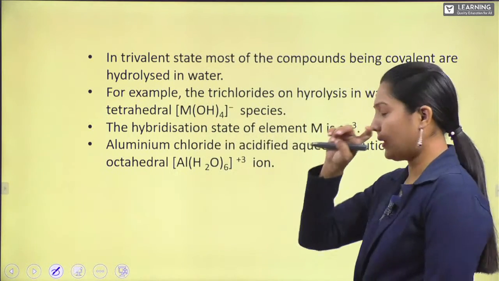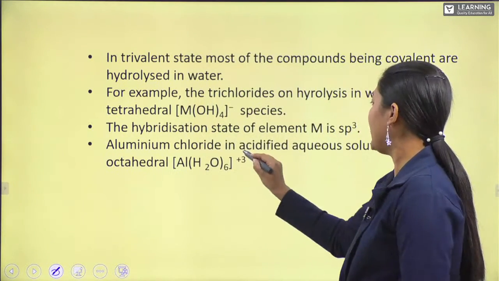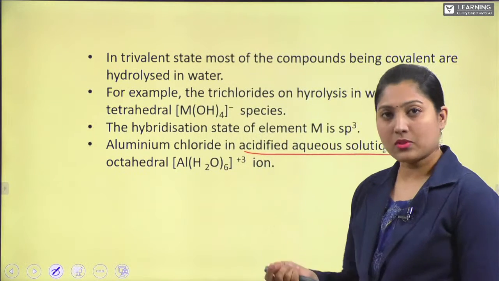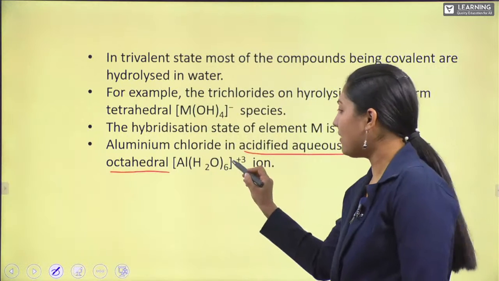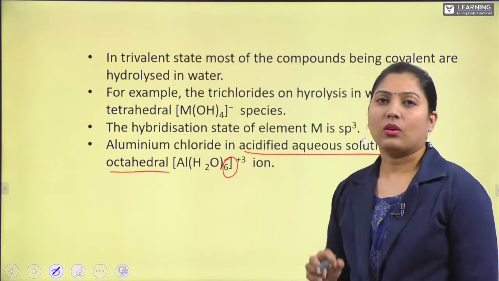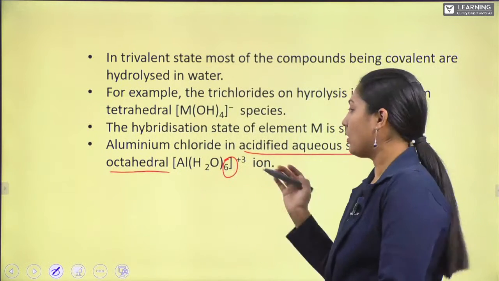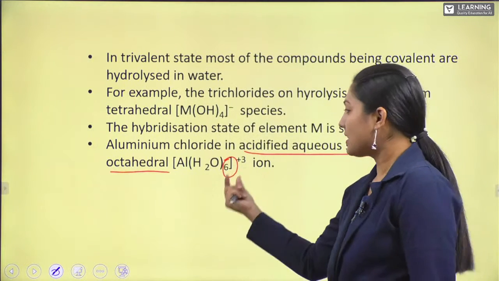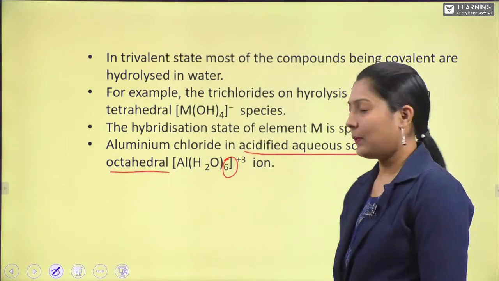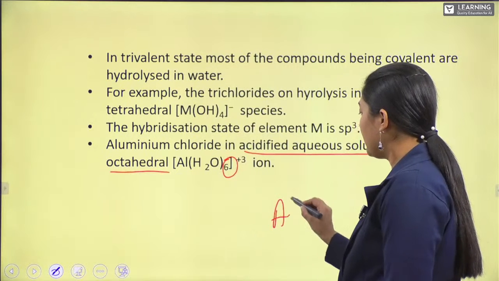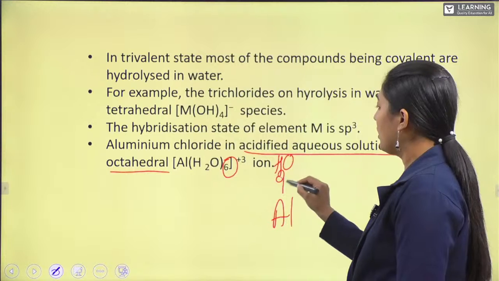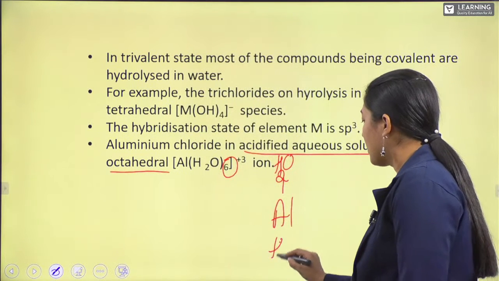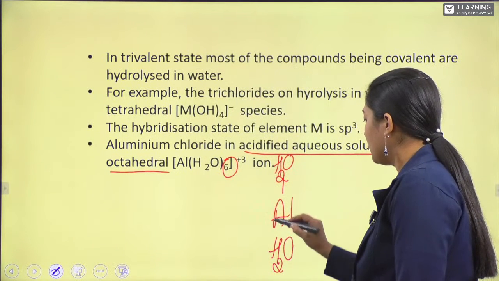Whereas aluminium chloride in acidified aqueous solution forms an octahedral structure. Octahedral structure will have 6 ligands, or else we can say species, attached to the metal atom. That means aluminium will be here, and we will have H2O here. So, hexa aqua aluminium.